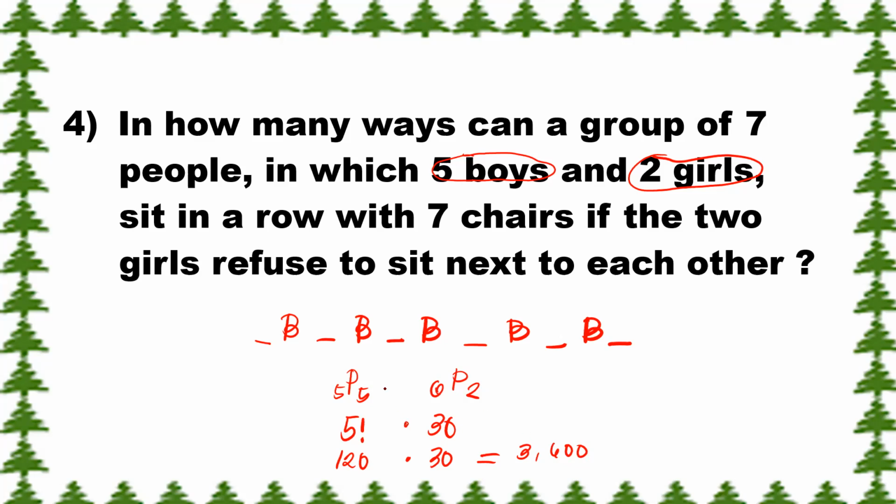Okay. So we are now having the boys, the number of boys, okay? Then yung position ng girls, ito yung sa boys. Ito yung sa position ng girls. And also, since dalawa sila, pwede kasing nandito si G1, nandito si G2, pwede rin naman nandito si G2, nandito si G1, right?